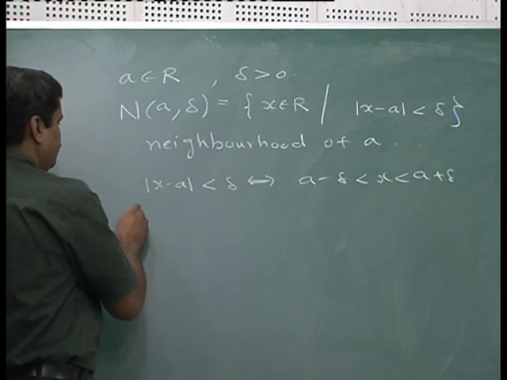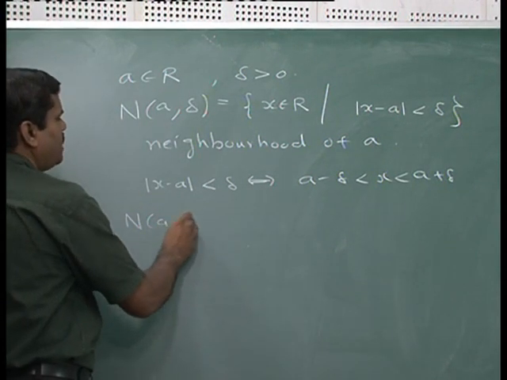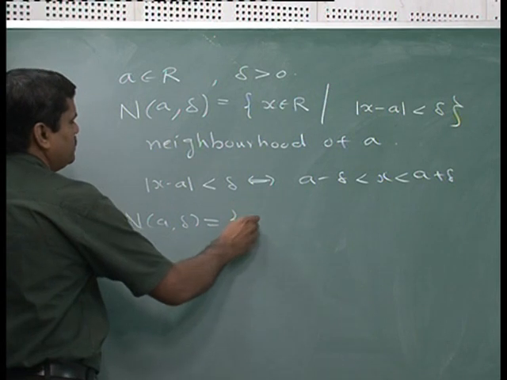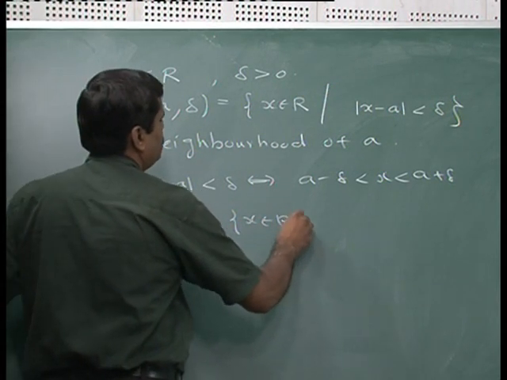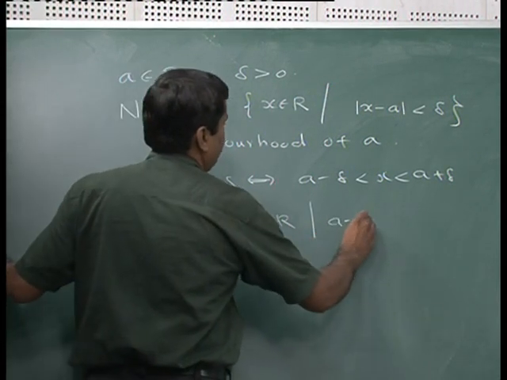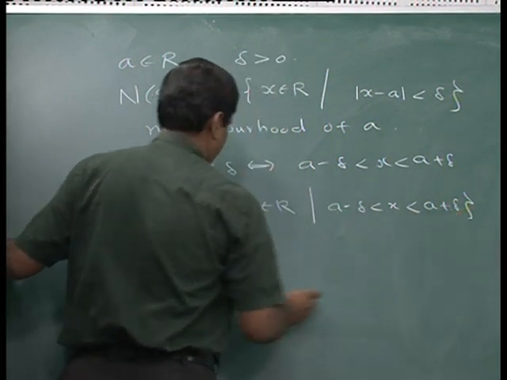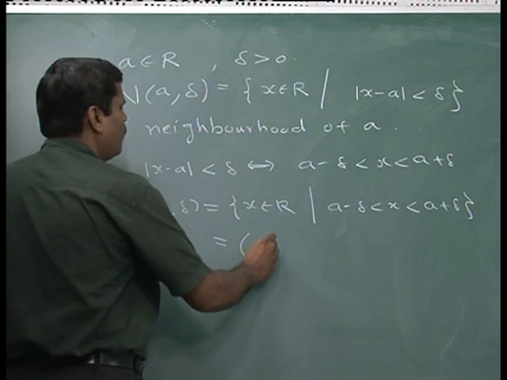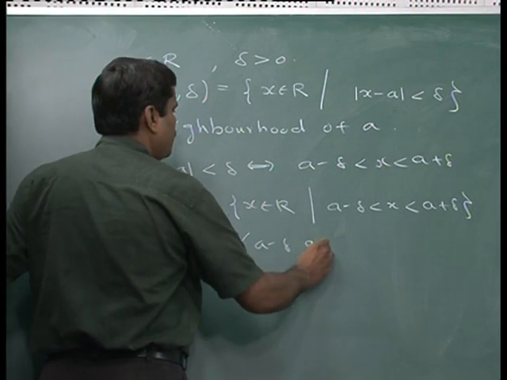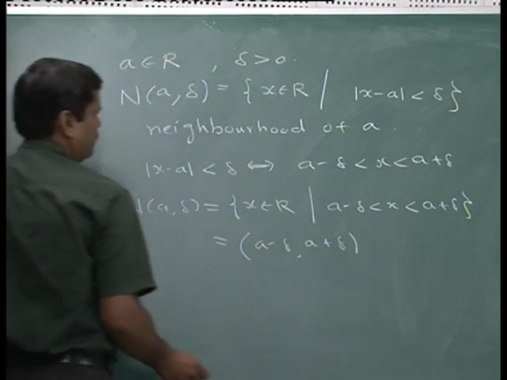So the same set, the neighborhood N(A, delta), can be written as the set of all x belonging to R such that A minus delta less than x less than A plus delta. It is nothing but the open interval (A minus delta, A plus delta).